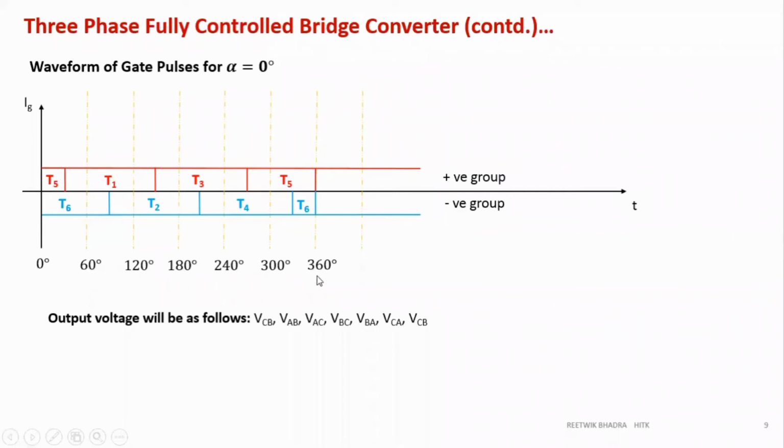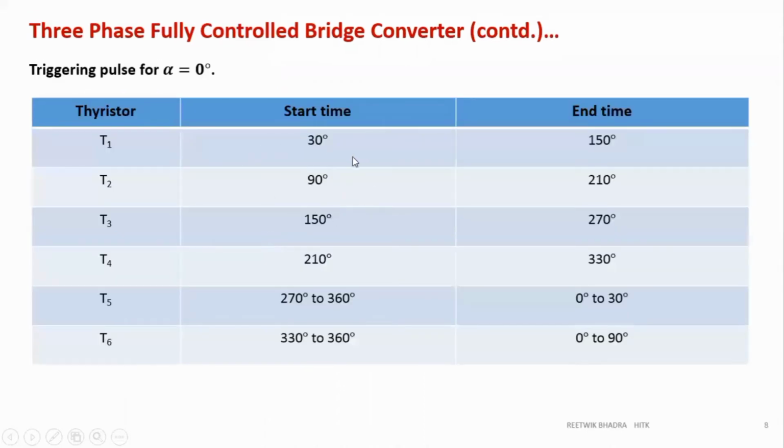So 60, 120, and it goes on to 360 degrees. That will be my division. Above the time axis, I'll take the positive group, that is the odd numbers 1, 3, 5, and below the x-axis, I'll take the negative group, that is 2, 4, 6. Now we already have this conduction time.